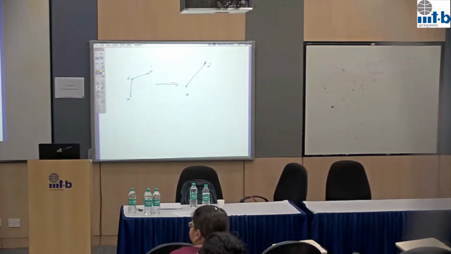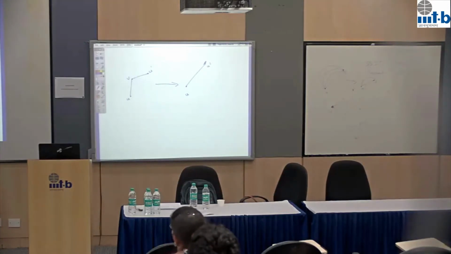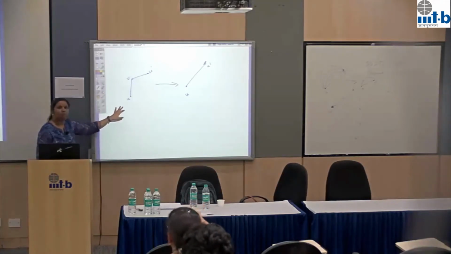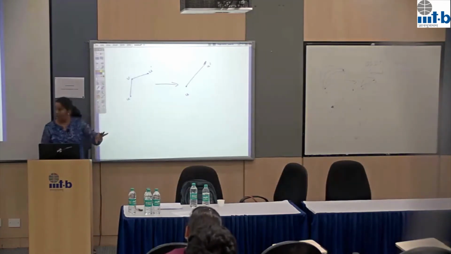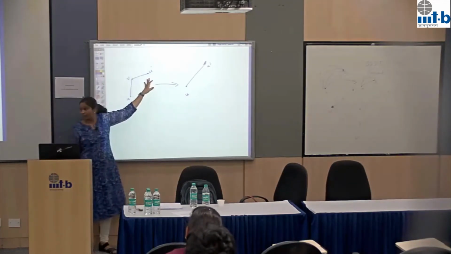We deleted V. So what happens if V is part of some other cycle? Is that cycle still there? V can be part of many cycles, but all of them go through U and U prime.